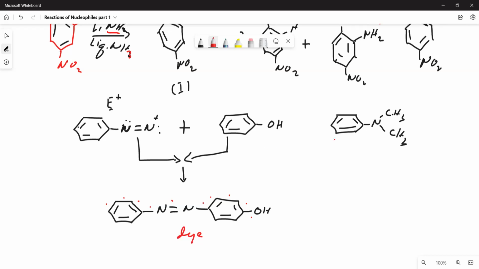So if you react diazonium with this one, that diazonium, which will act as an electrophile, will also form a dye.